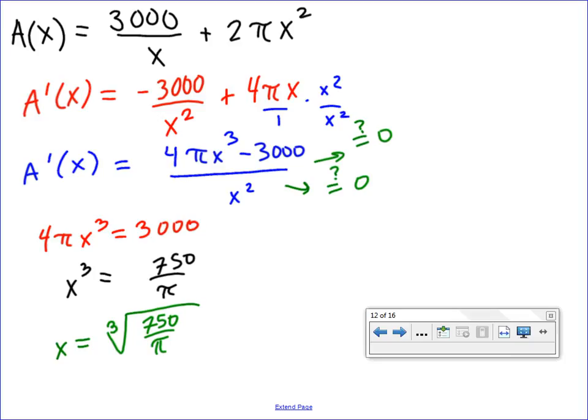The good news is that there's just a single critical value. I don't have to take the positive and negative square root, it's just the cube root of 750 over pi. So we don't have a closed interval.